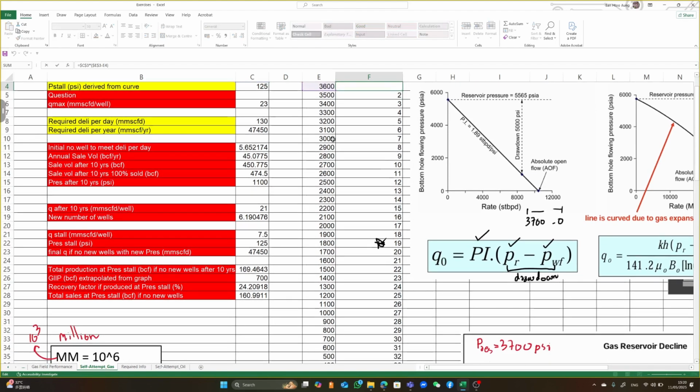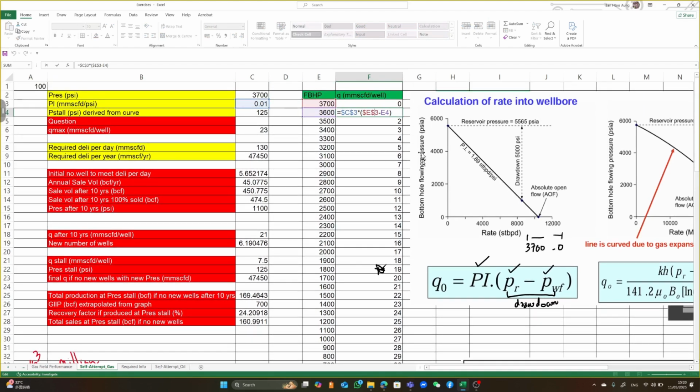If you want to do it at home, looking at the data, you can do it and you will get the idea. So substituting this pressure, P well flow, in the 100 interval of 3,700, 3,600, 3,500, etc., you will get the flow rate.